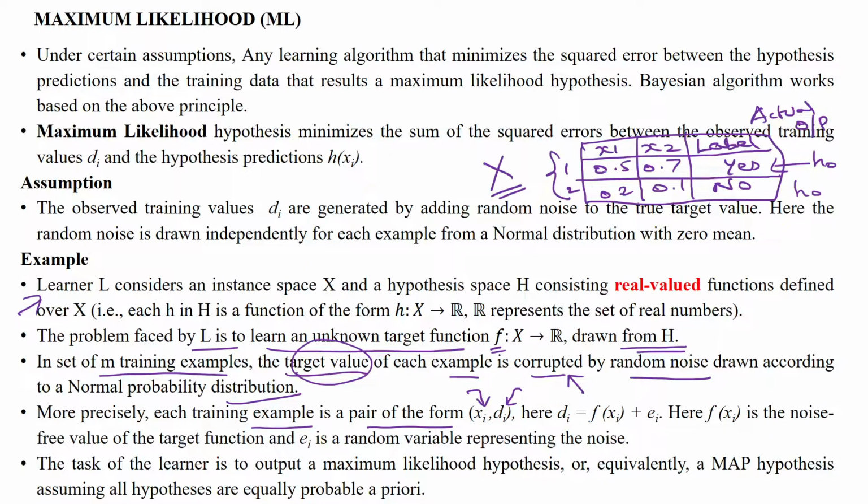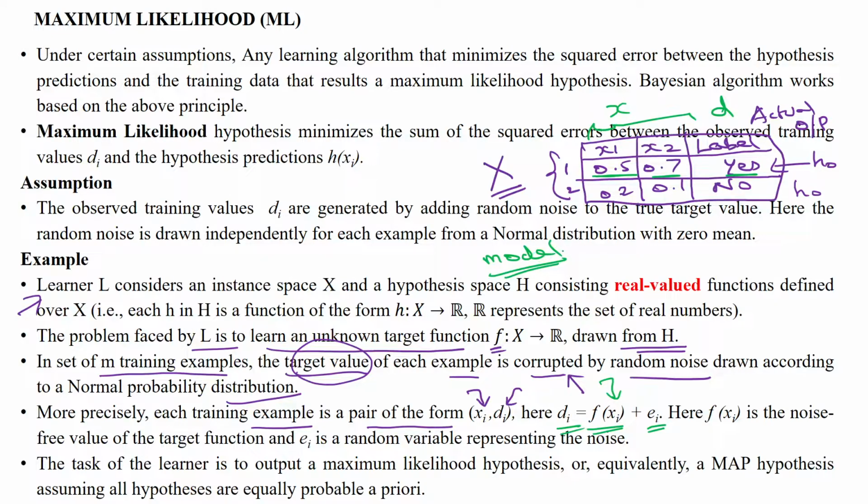You see x1 for sample 1, feature 1, feature 2, and the corresponding actual output label. The actual output label is represented with d. These are all represented with x, right? So di is a function of all the features plus error, when you are applying a machine learning model.